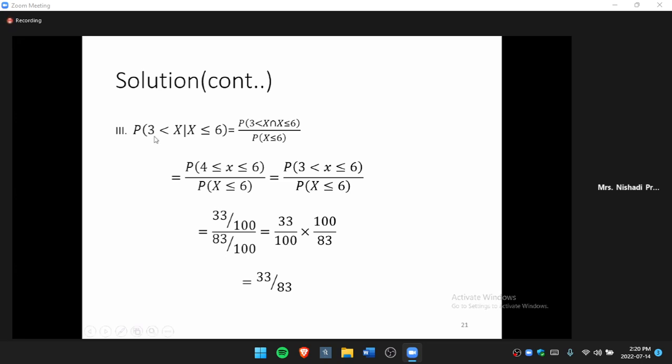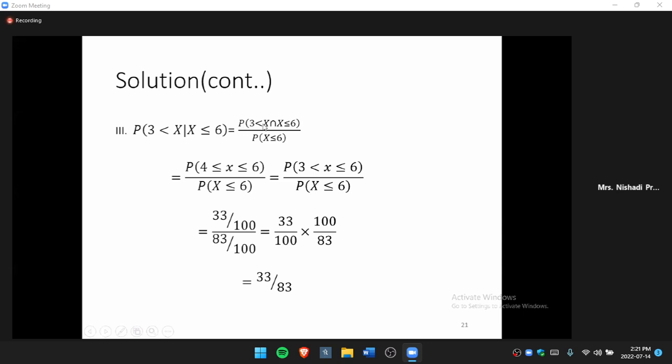If we have a conditional probability of an event given that another event has happened, this is how we expand that conditional probability rule: P(3 < x ∩ x ≤ 6) divided by the probability of the conditional statement, that is P(x ≤ 6). These are not new things, right? This is conditional probability.